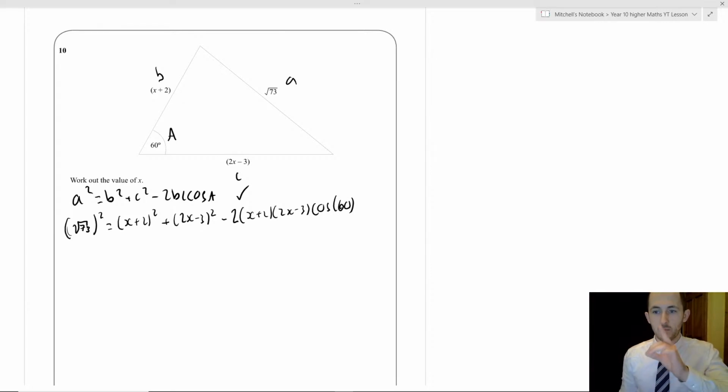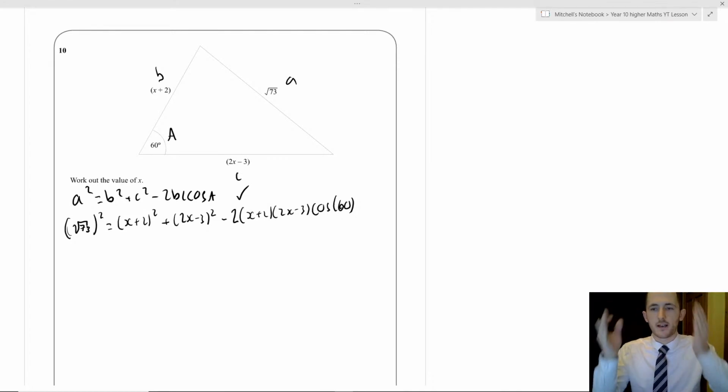Now this gives me a mark already, and I've done no maths, right? All I've done is substitute into a formula, but I've got marks even if I don't know what I'm doing. Okay, so that's a very key thing that I want you guys to remember.